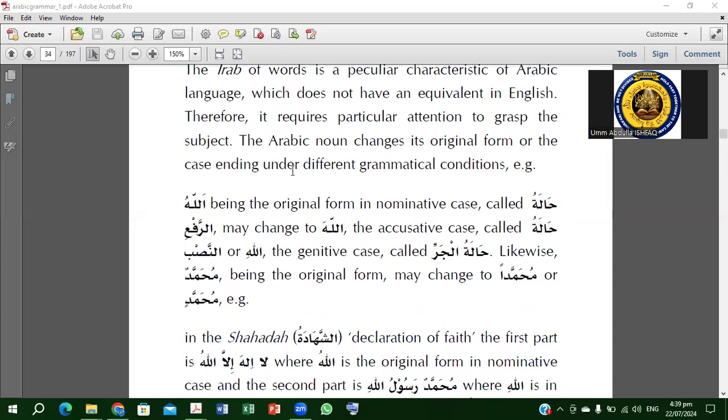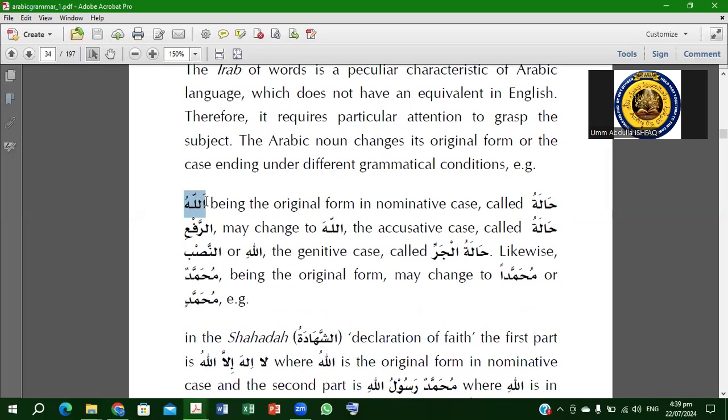See, they say the Arabic noun changes its original form or the case ending under different grammatical conditions. For example, Allahu, this noun, Allah, being the original form. Now this dhamma in the end, whenever we are talking about i'rab or the status of a noun, we will always look at the last letter of the noun and the haraka on the letter, and then we will decide its status, its i'rab.